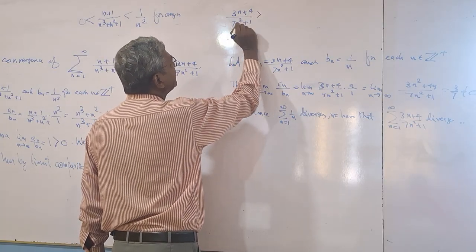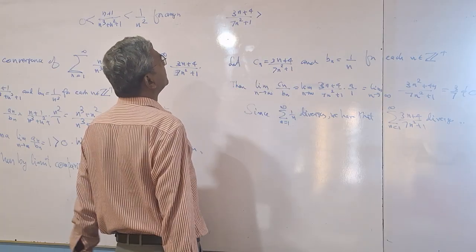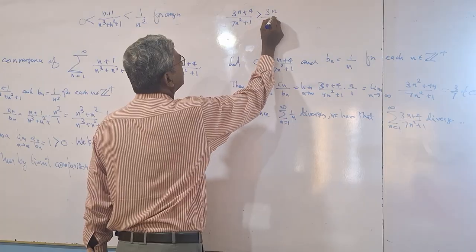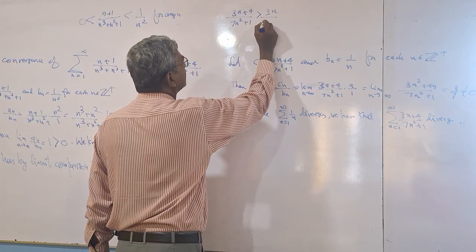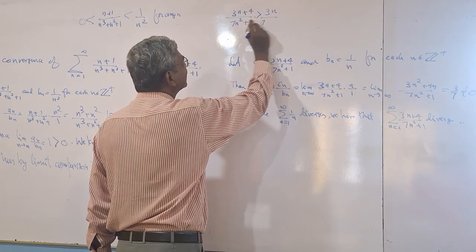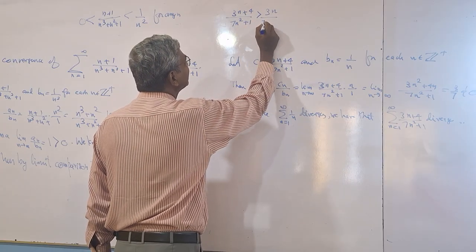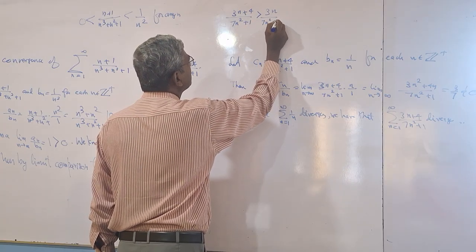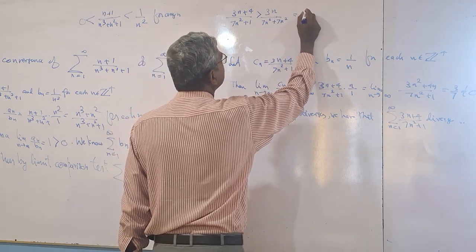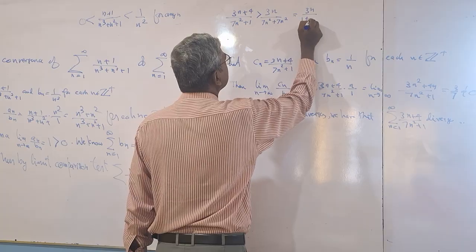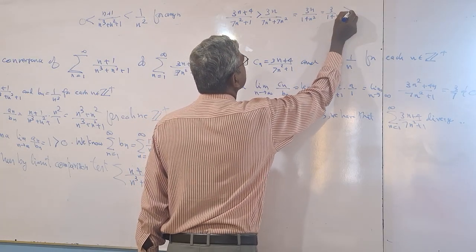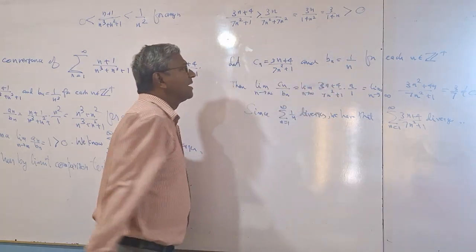Here, the denominator is at most 14n square, so you get 3n over 14n square, which is 3 over 14n, and this is greater than 0 for any n.